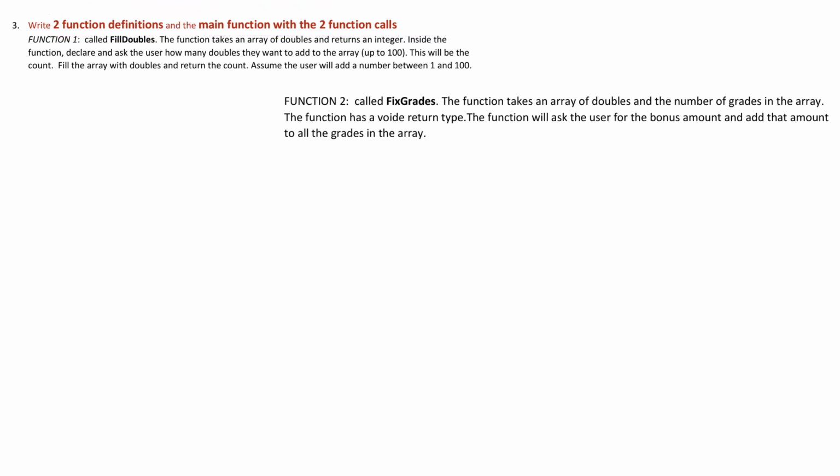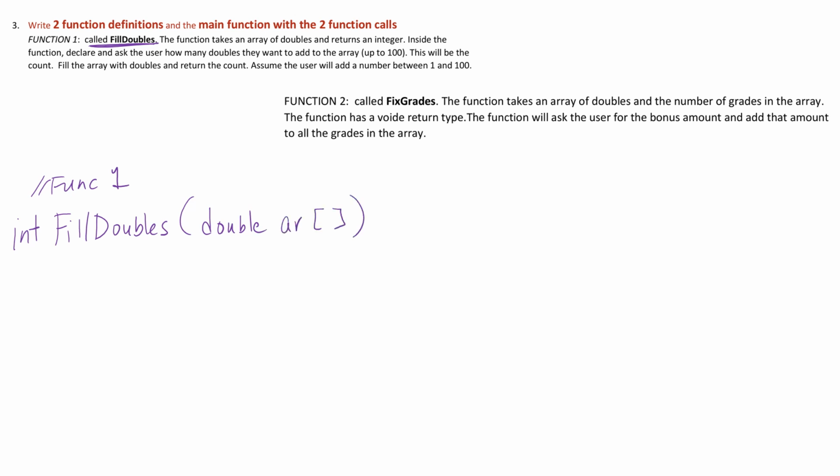So the first function definition is called fill doubles. So we're going to start with function 1. The name of the function is fill doubles. It takes an array of doubles and returns an integer. So the return type will be integer. It takes an array of doubles, not an array of integers.